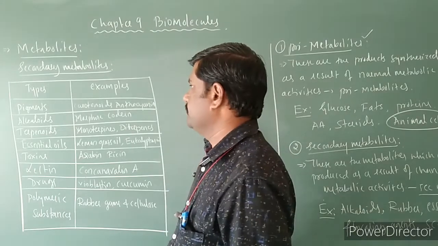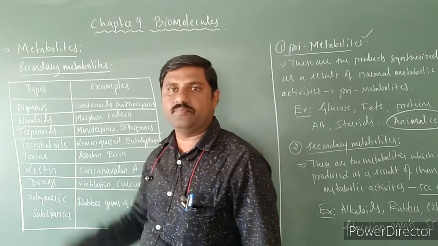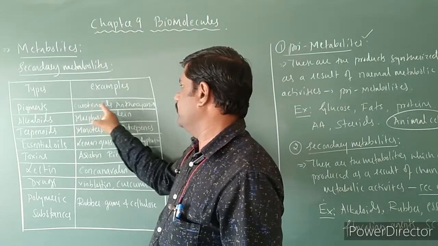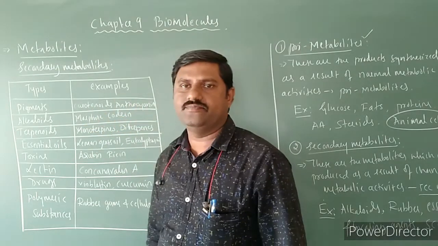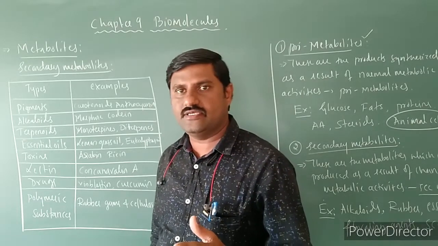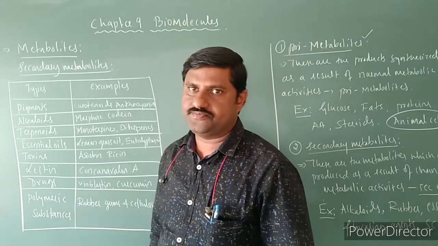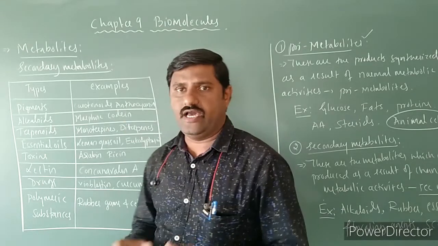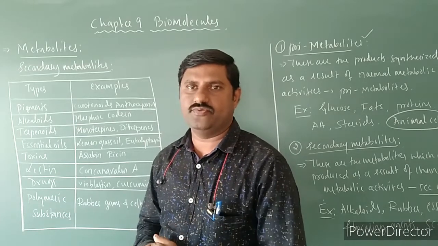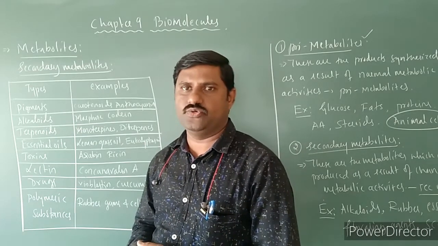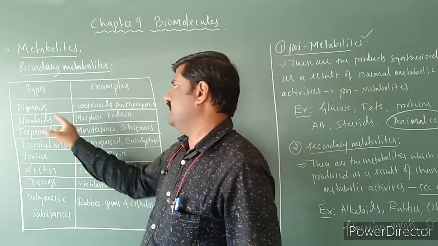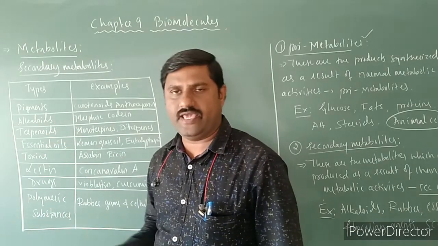Let us see now. Some pigments act as secondary metabolites, like carotenoids and anthocyanin. Anthocyanin, as we have studied, is present in the cell sap inside the large vacuoles, right? The next one is some of the alkaloids like morphine and codeine.